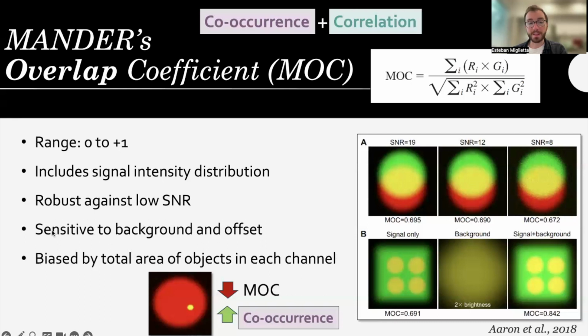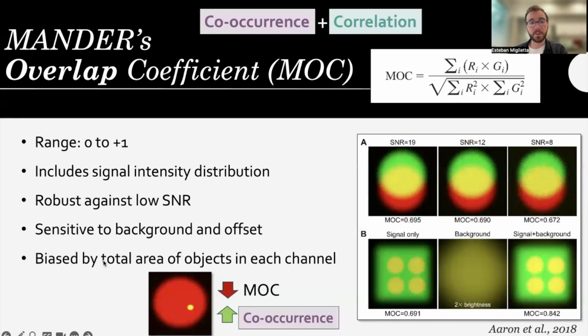However, it is quite sensitive to background or offset. If you have this image right here, which has an MOC of 0.69, and we add on top of this some background that here is exaggerated so for us to notice it, the image itself has not changed much, but however, the MOC is significantly higher.